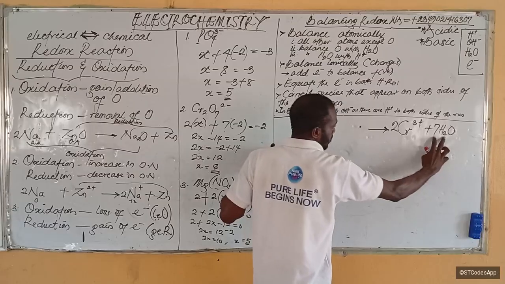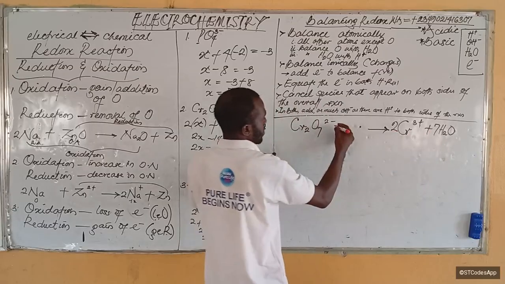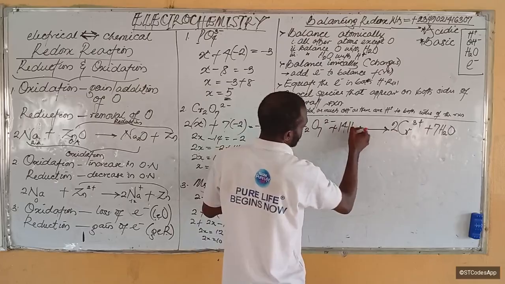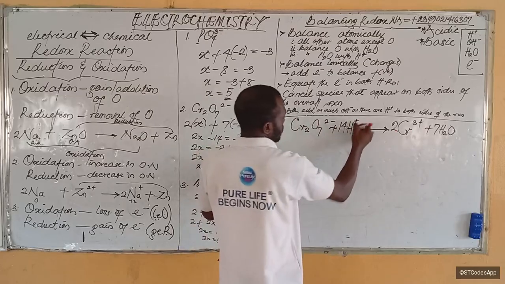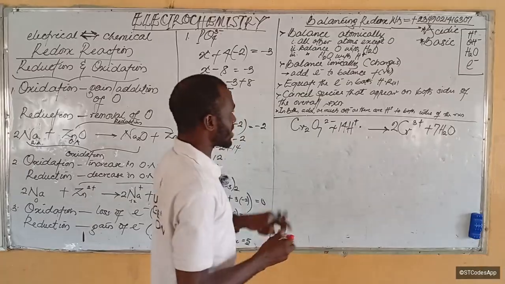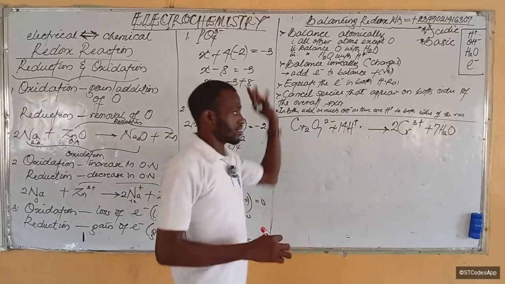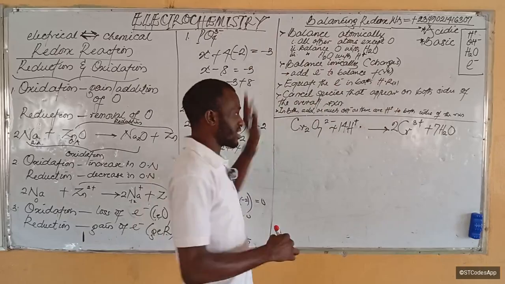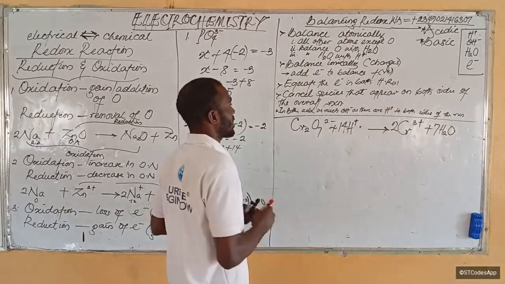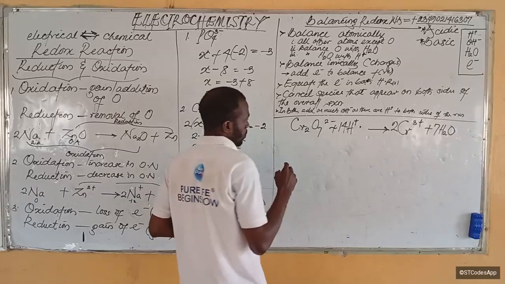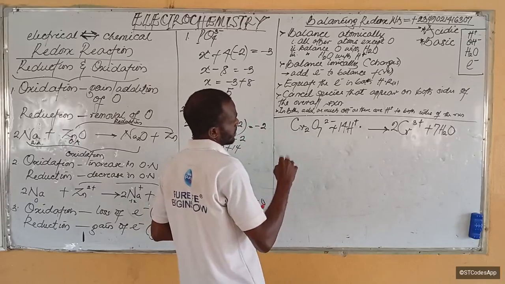So how many hydrogen do I have on this side? 14 hydrogens. So I'll come and add 14 protons, 14H plus. Is that clear? This is not hard. I've balanced oxygen with water. I now come back here to balance hydrogen, and that's the way you'll be going.